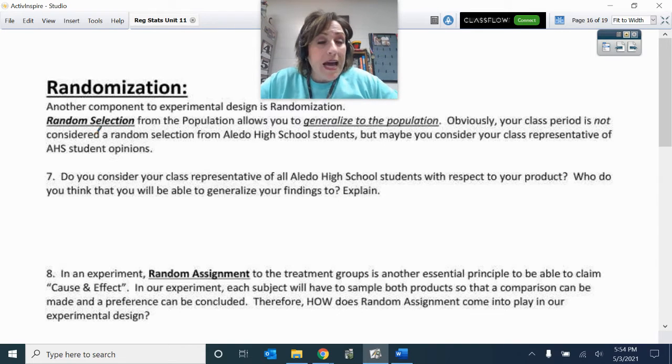Now, I don't think I would go generalizing to all students because we might have different tastes in this area, or our families choose different things than other areas of the state or the country or certainly the world. So I certainly don't think I would go past generalizing to much more than Aledo High School, maybe even not Parker County, probably even. But who do you think you can generalize your findings to? Explain.